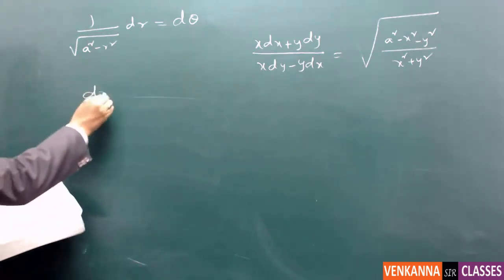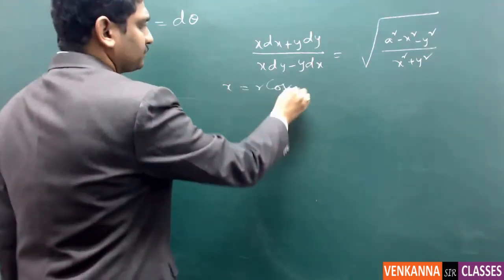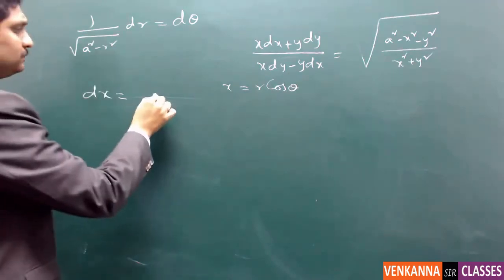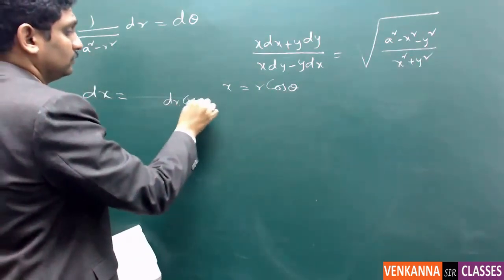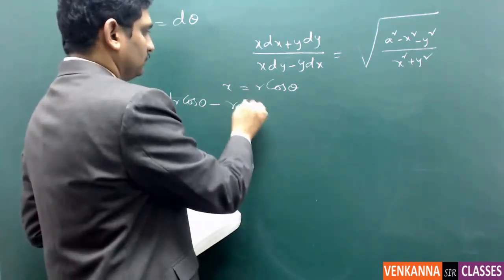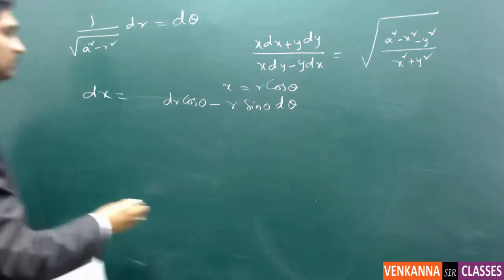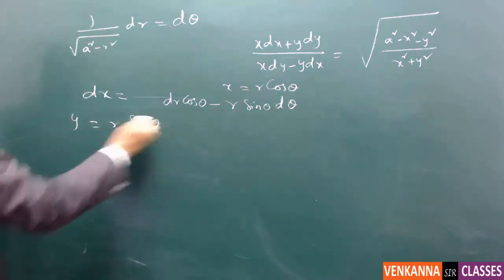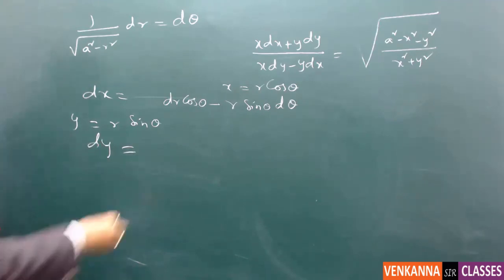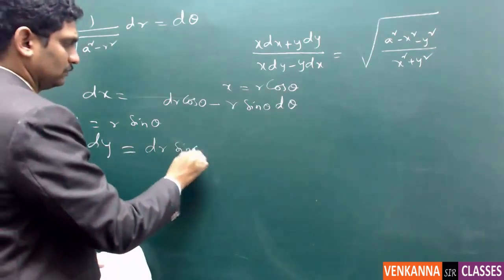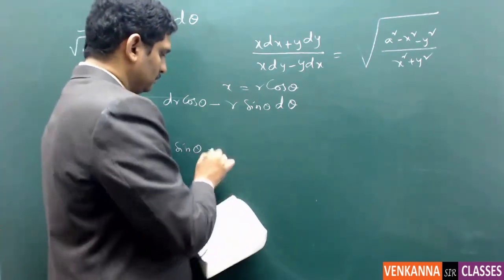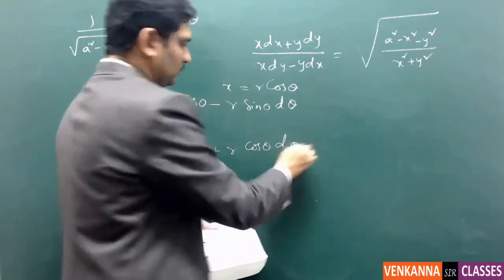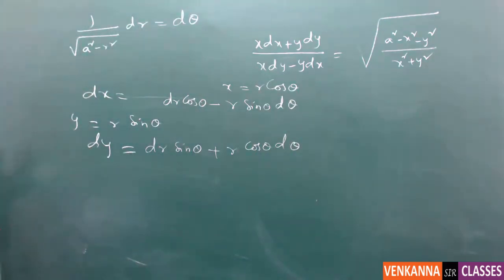For dx, since x is equal to r cos theta, we write dx as... and since y is equal to r sin theta, dy is equal to... so that you are going to substitute the things. Okay, please substitute that.